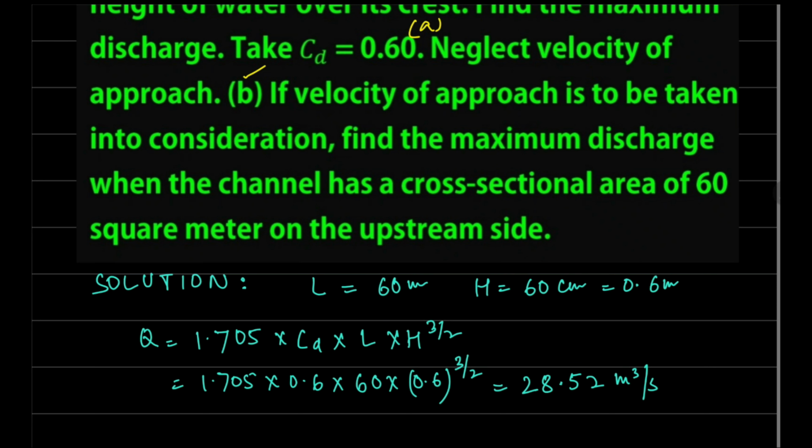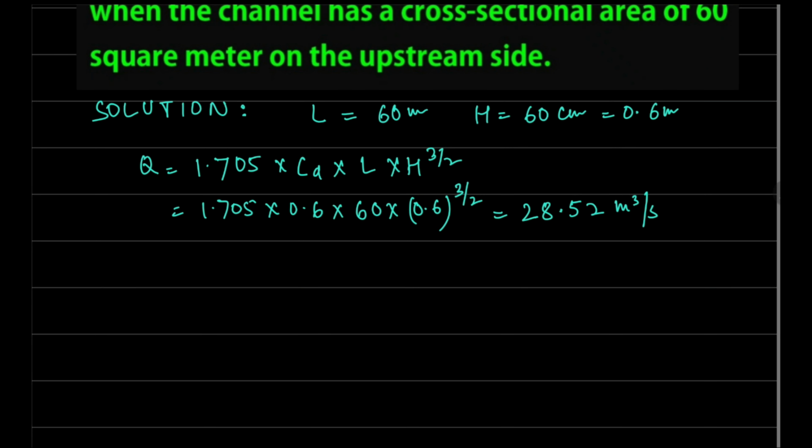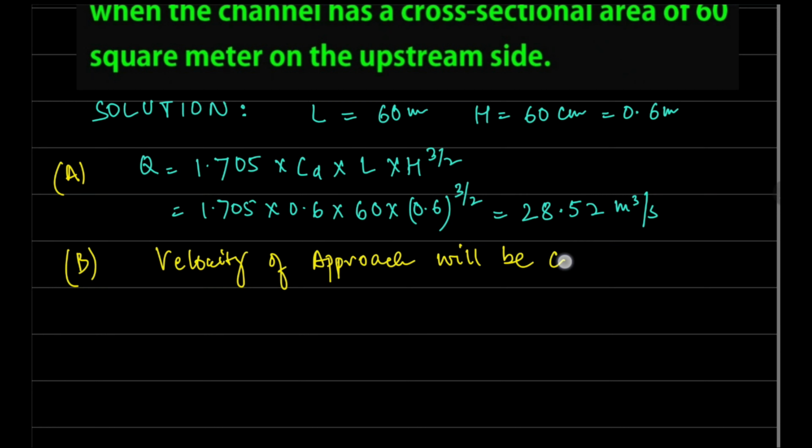Let's go for the second part. So this was part A. Now we will go for part B, where the velocity of approach will be considered. Now for this, we have to use the formula again.